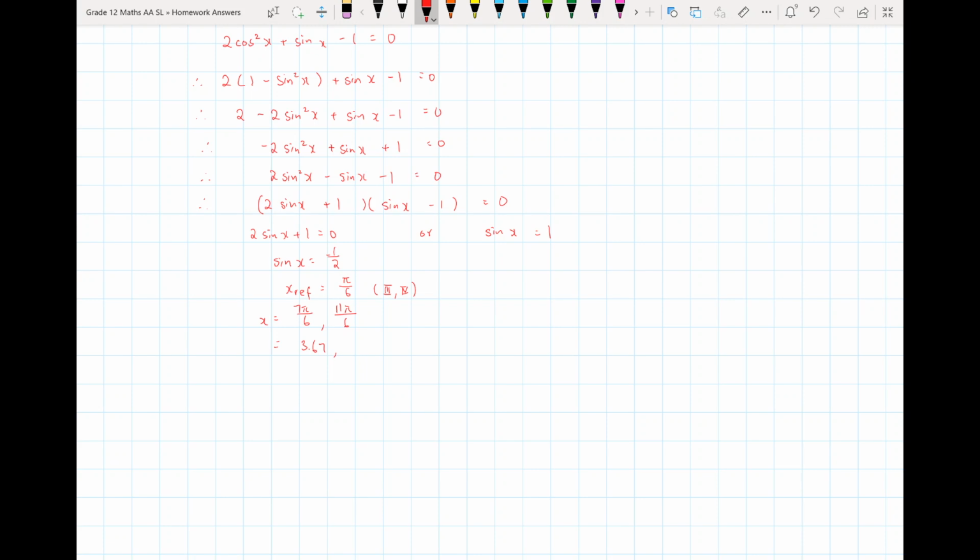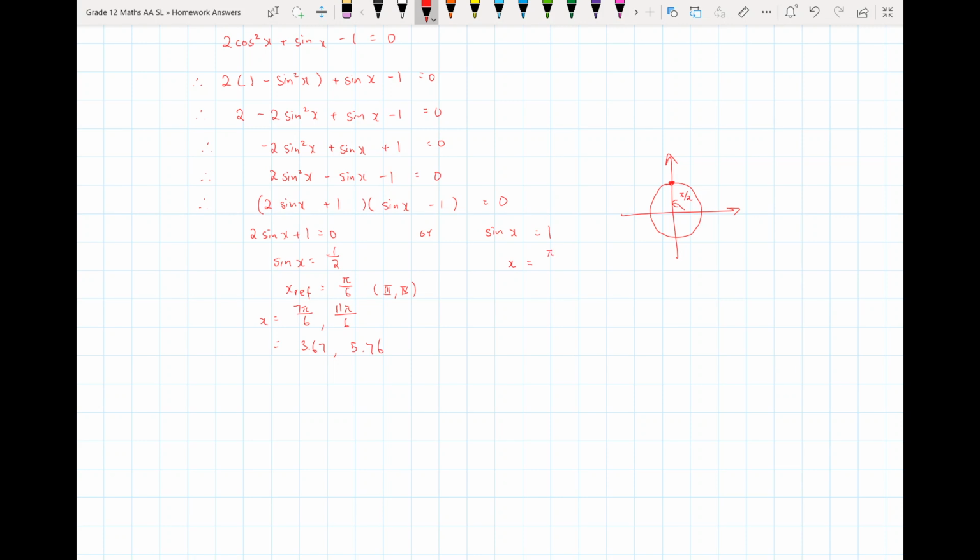3.67 and 5.76. Now over on the right hand side, because I know sine x equals 1 when it's exactly, if you draw the unit circle, these are some exception cases. We want a y coordinate of 1 when this is at pi by 2.